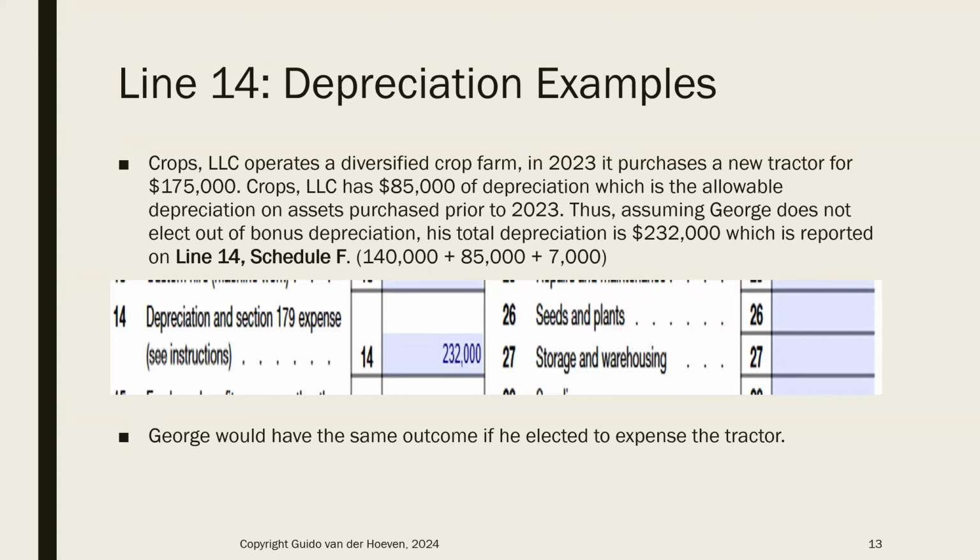So if we assume that George does not elect out of bonus depreciation, remember it's 80%. So he's going to get $140,000. That's 80% of the $175,000. Plus $85,000, that's going to be the depreciation that's coming forward from assets that were purchased prior to 2023.